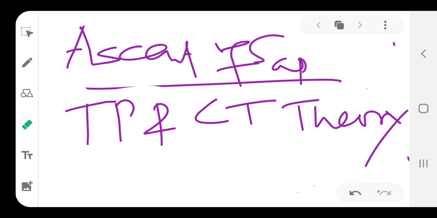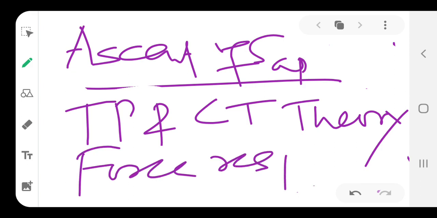So the force responsible for the upward movement of water is transpirational pull.